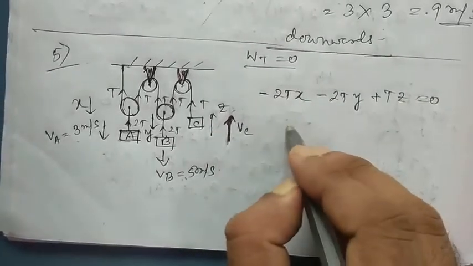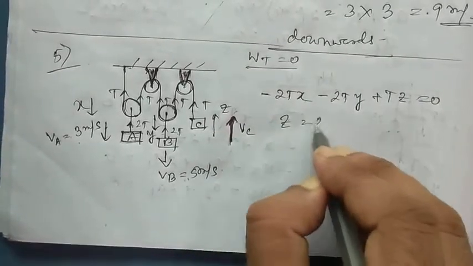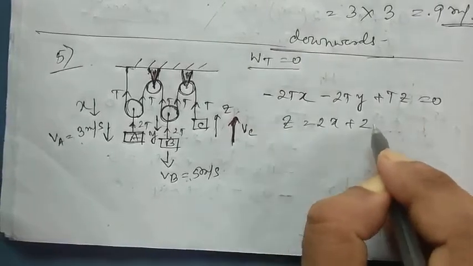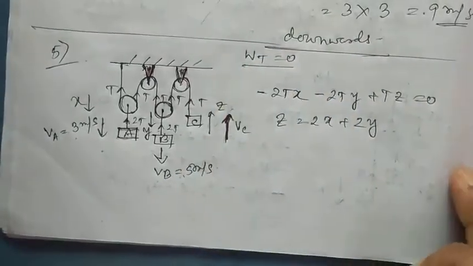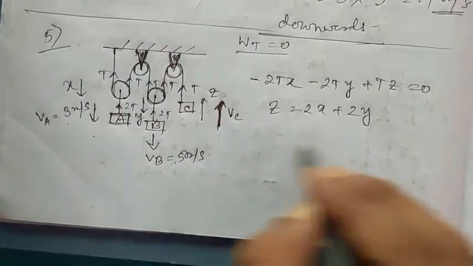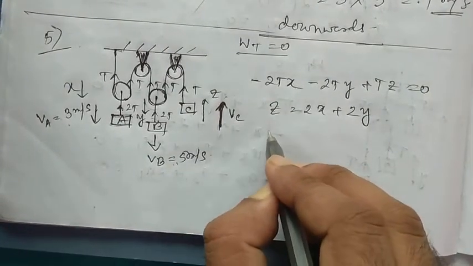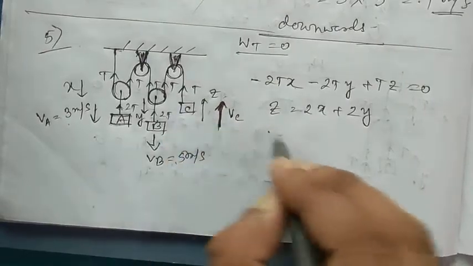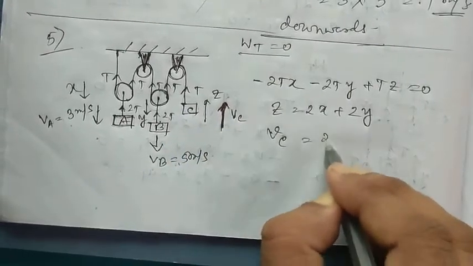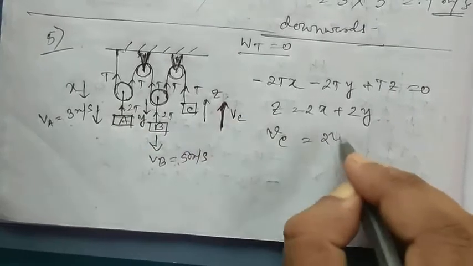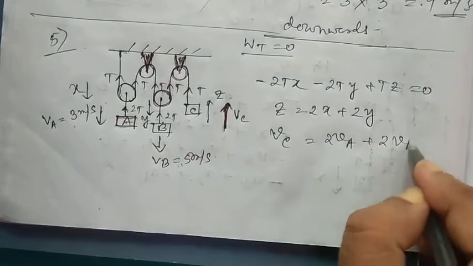So eliminating T, we get Z is equal to 2X plus 2Y, transposing onto the right side. Differentiating it, we get Z for this block C, so Vc is equal to X for block A, Va, plus 2Vb.